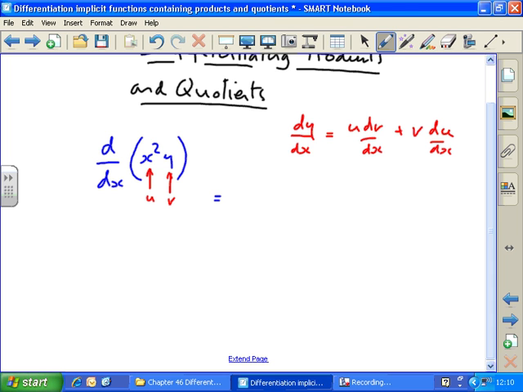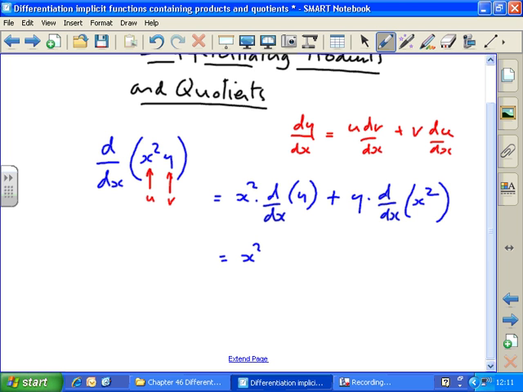So what's the differential of this function with respect to x? It equals the first part times the differential of the second part plus the second part times the differential of the first part. And that equals, well, x squared. What's this one?